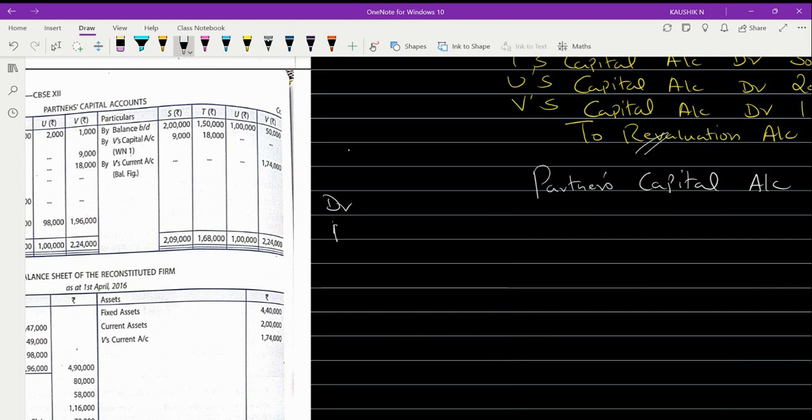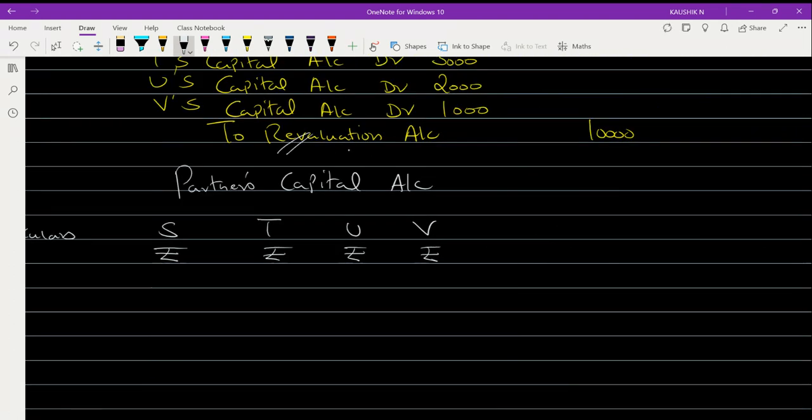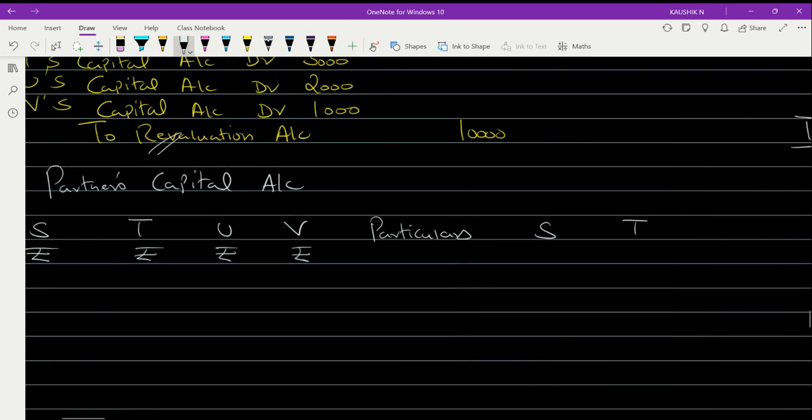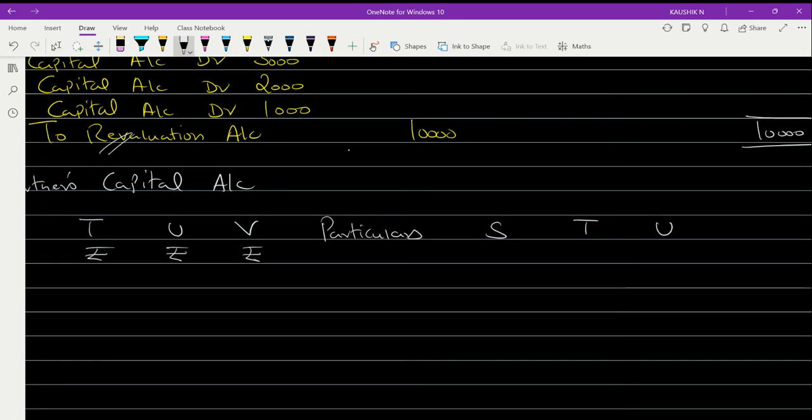Particulars, followed by the partners' names S, T, U, V, all debit side balances. The same will be over here also: particulars, S, T, U, V, and we have a credit side.